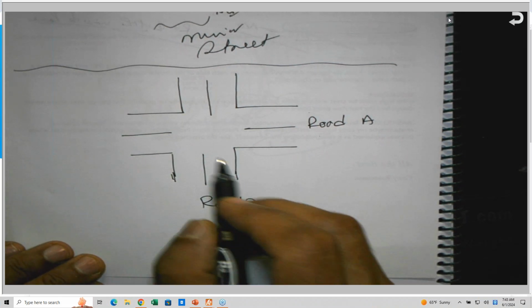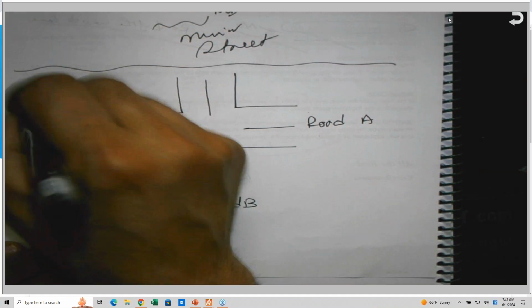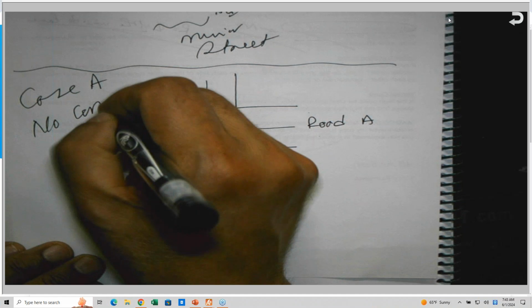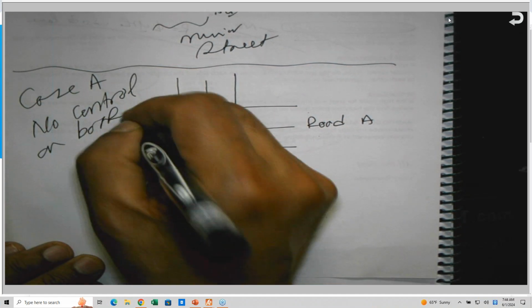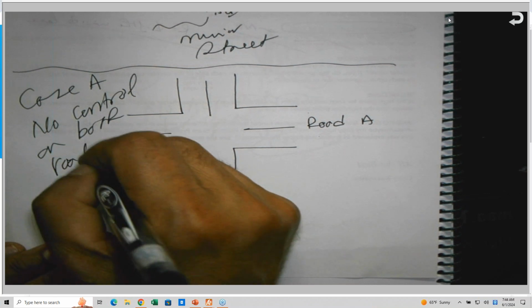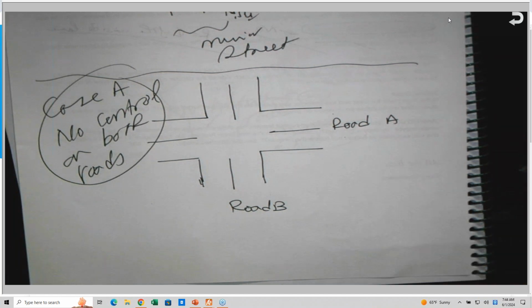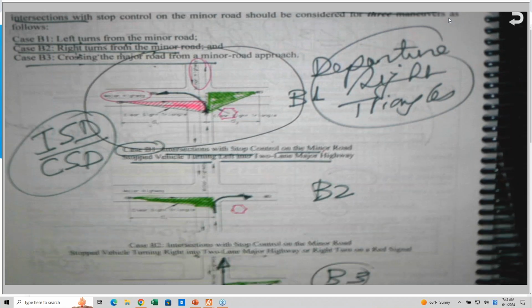So here we have case A, no control at all on both roads. This is what they consider a case number, case A, let me put it that way.